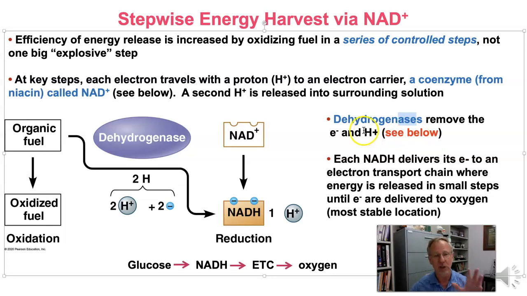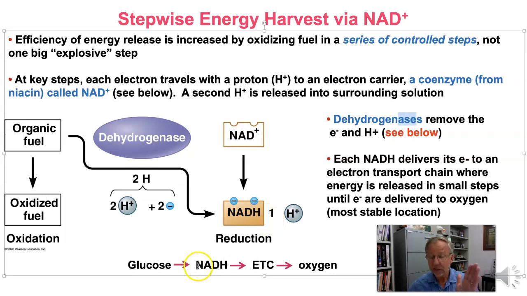Dehydrogenases are enzymes that remove hydrogens and their electrons from molecules. So there are dehydrogenases that remove electrons and hydrogens from our glucose, from our organic fuel, and then those enzymes help to transfer those hydrogens and electrons to NAD, our little shuttle, turning it into NADH.